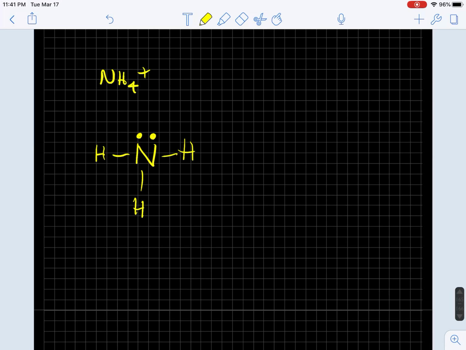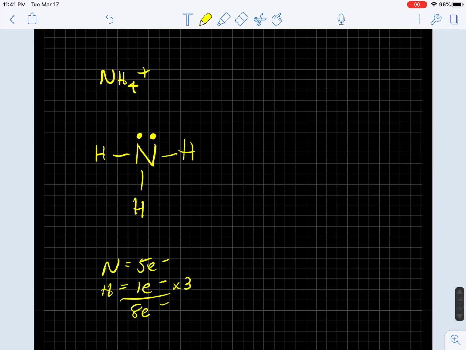And the nitrogen has an unshared electron pair. So the nitrogen has 5 valence electrons, and the hydrogens each have 1 valence electron. And that would give us a total of 8 because there's 3 hydrogens. And we would say, okay, well, this satisfies the octet rule. Well, it does. And this creates a compound called ammonia, NH3. It's a very stable compound.